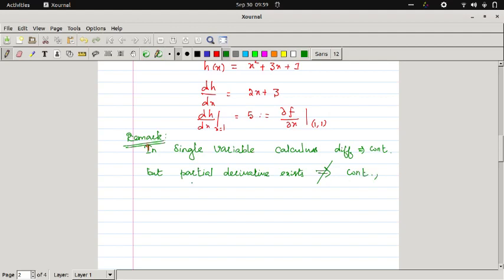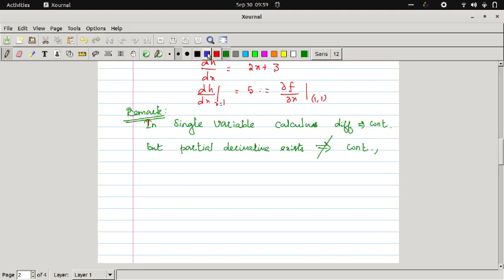Why? Let us see one example, a classical example. I define this function f of x comma y as 0 whenever x times y is not equal to 0, and 1 when xy equals 0. Clearly this function is not continuous at 0 comma 0.